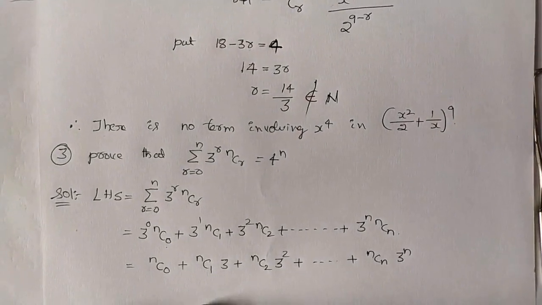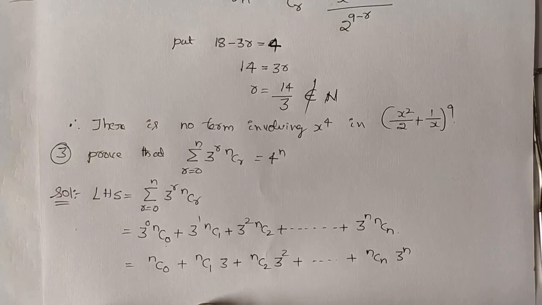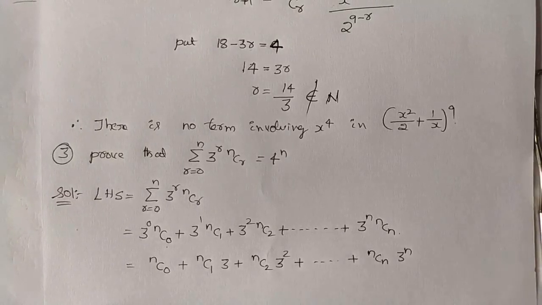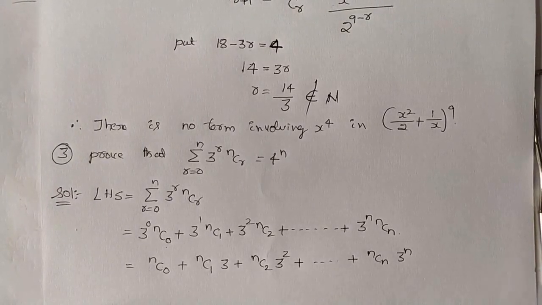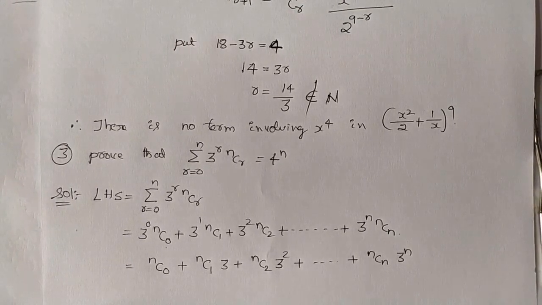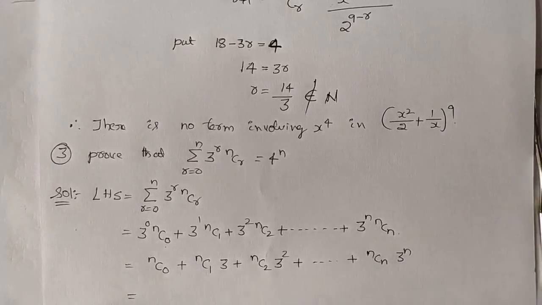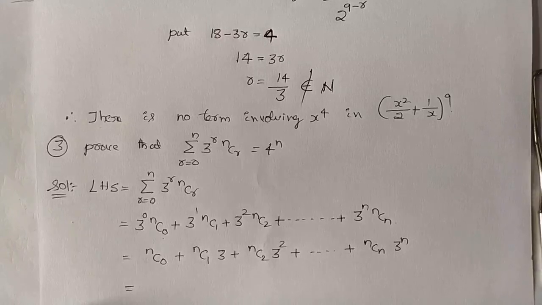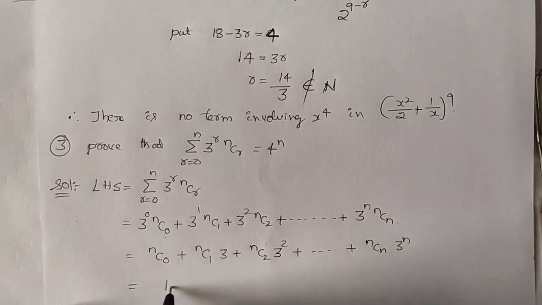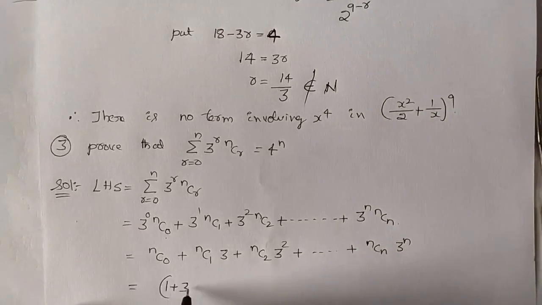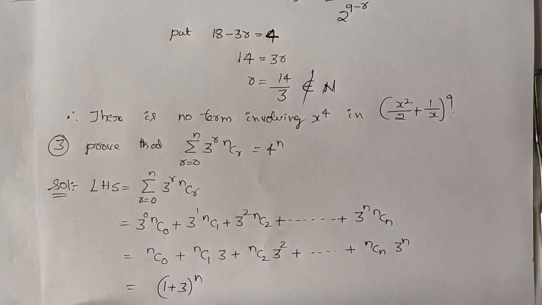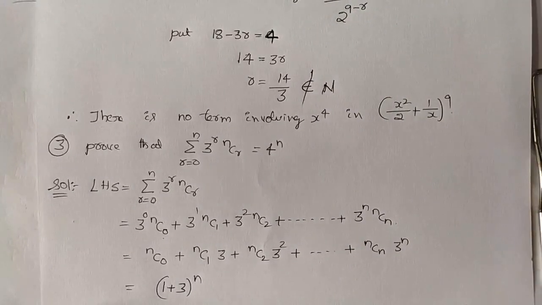Now recall the definition of the binomial theorem, what we expanded in our previous classes. This can also be written as (1 plus 3) whole power n. If you want to check, you can.